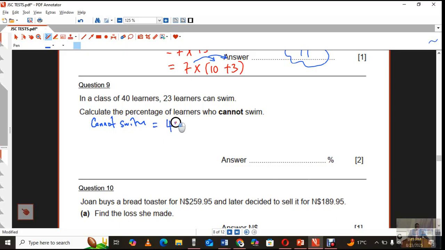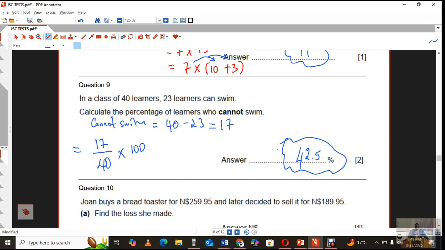We know the ones who can swim are 23. Take away from 40, they are 17. So the percentage of learners who can't swim will be that 17 out of the total number of learners. And you can simply multiply by 100 and then attach the percentage symbol, which is 42.5%.